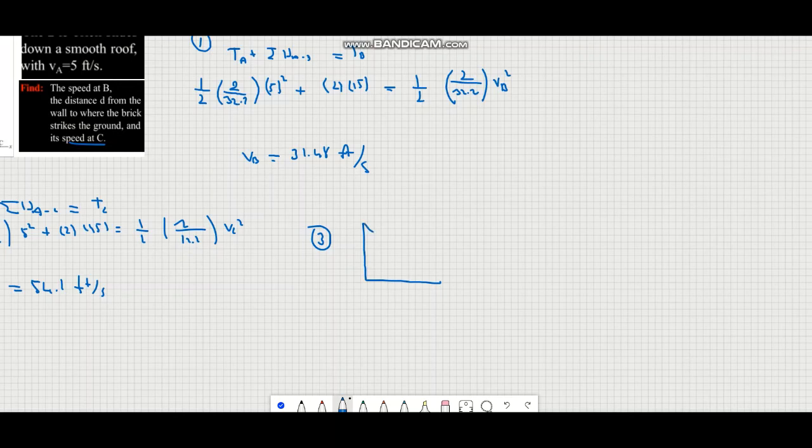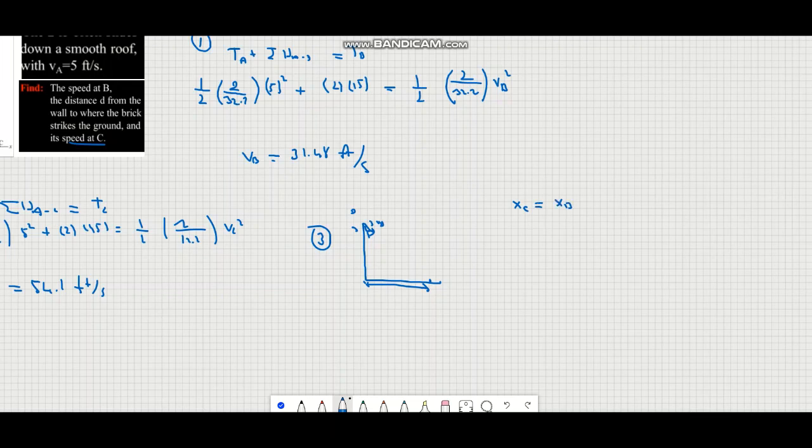We know that at point B we have the velocity VB, and we have a triangle 3, 4, 5. So it's going to be 3, 4, and 5. And we have a distance D for point C.